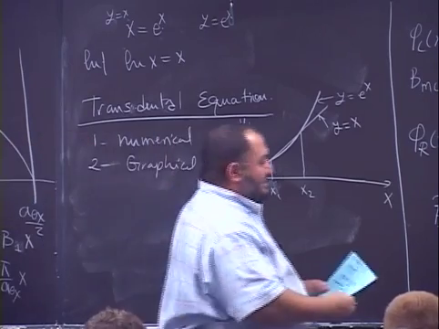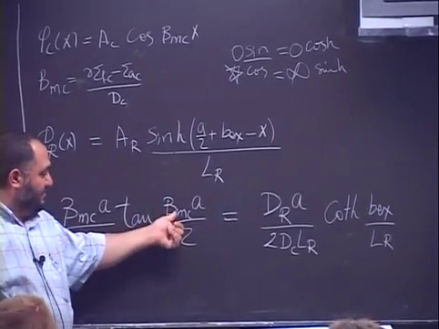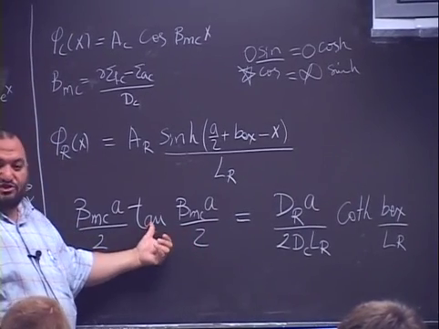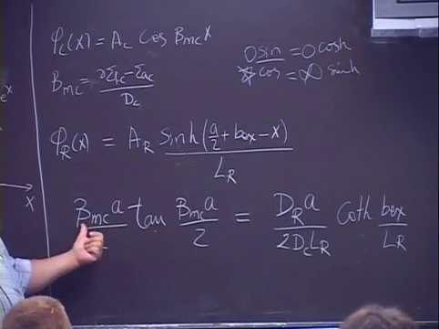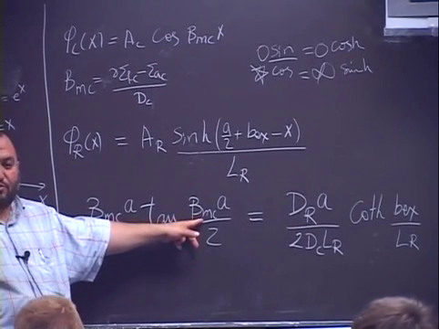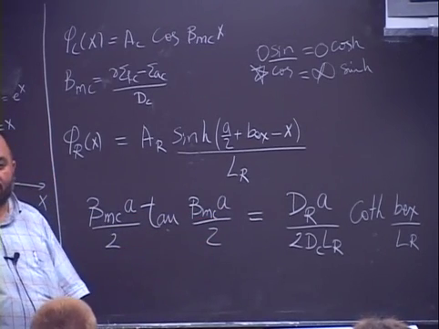This is a transcendental equation because you have B_MC multiplied by a over 2 inside the tangent, and it is also outside the tangent. My solution is looking for the value of B_MC a over 2.